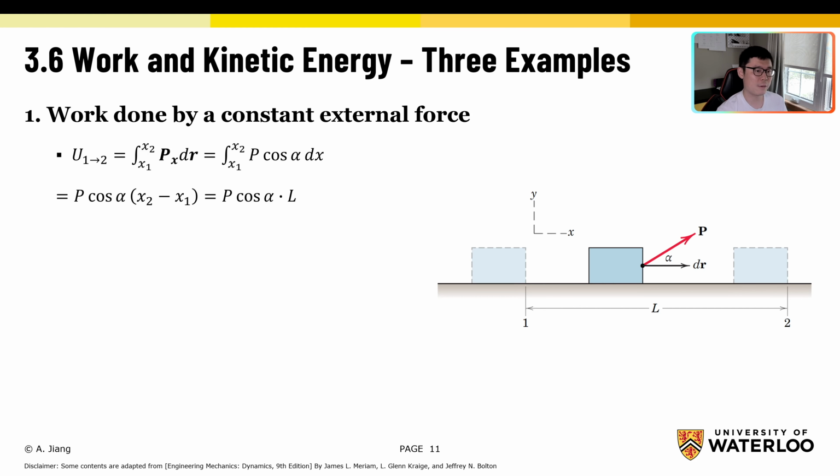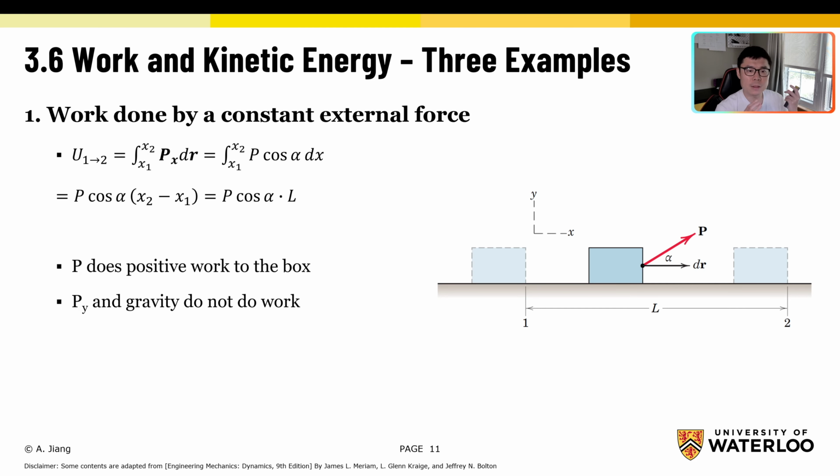In this case, through integration, the constant will simply remain as is, and our equation is simplified to P cosine alpha times L. L is the traveling distance. If you look at this equation closely, you should be able to see that only the x component of the force P is going to do work. Right? P does positive work, and Py and gravity do not do work.